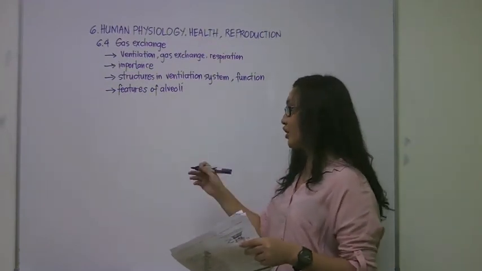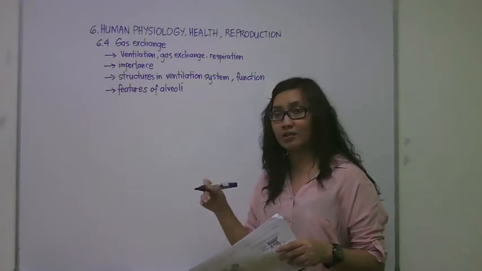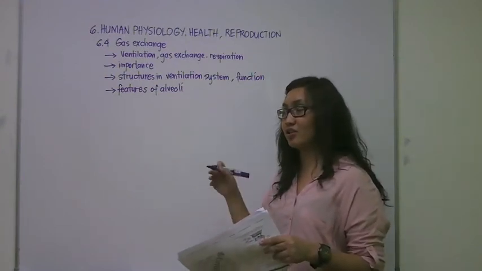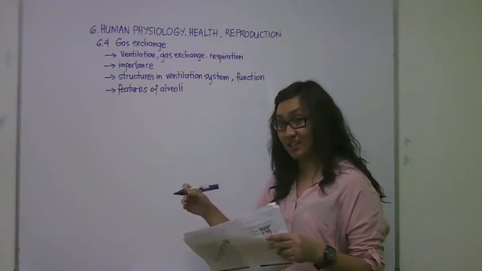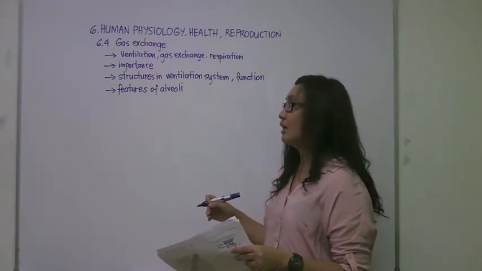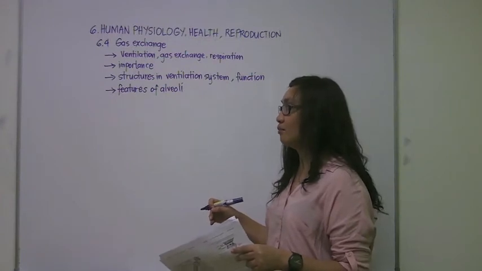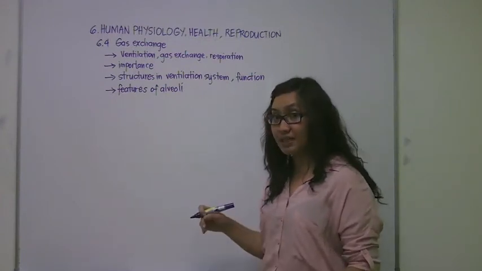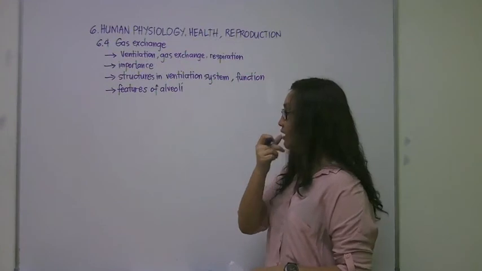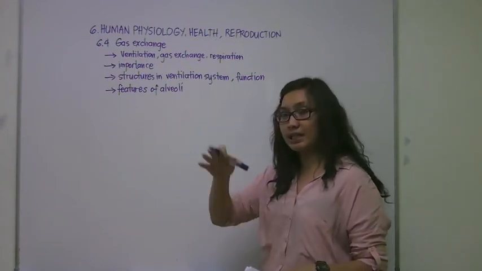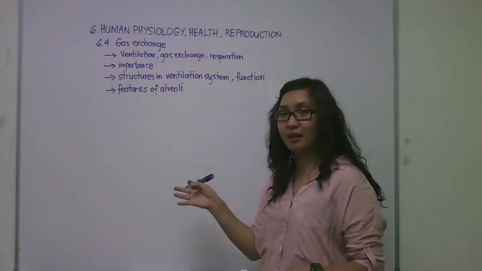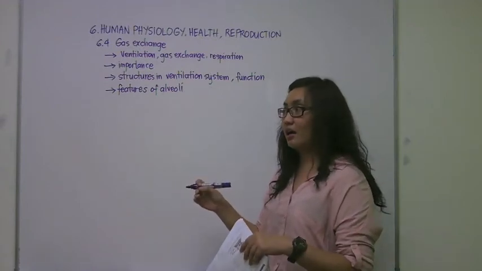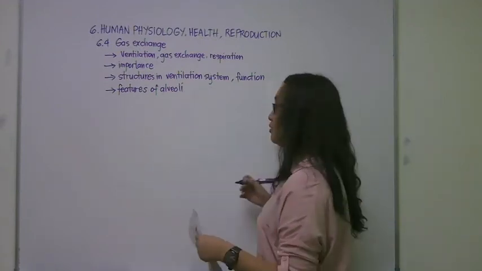The alveolus is just one cell thick, so the structure is very conducive for gas exchange. Okay? And it is also supplied with rich capillaries, a rich network of capillaries through which blood can easily flow, so gas exchange can occur between them.